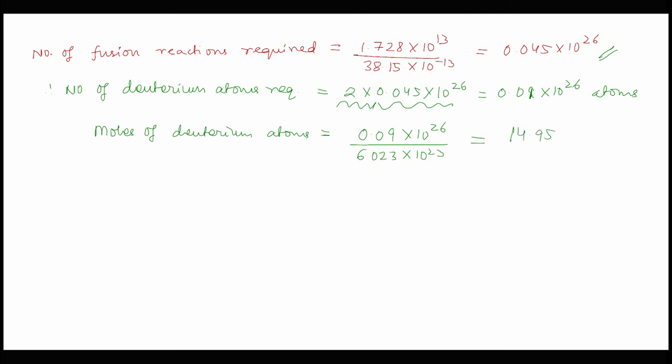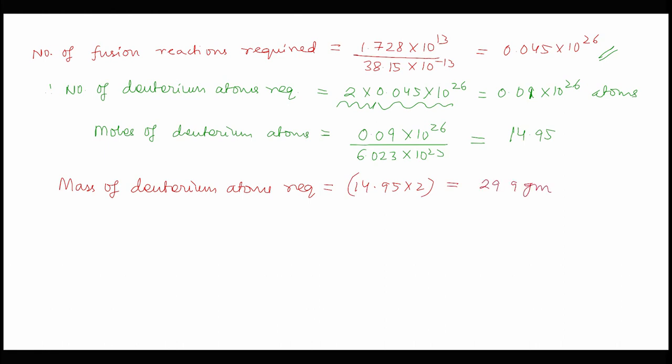Now we can calculate the mass in gram of deuterium atoms required: 14.95 into 2, which is equal to 29.9 gram.